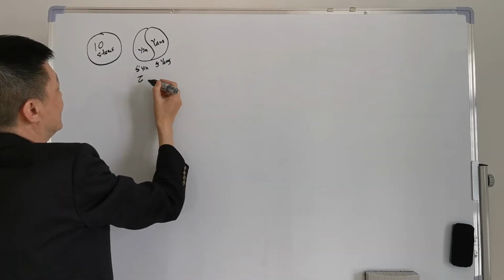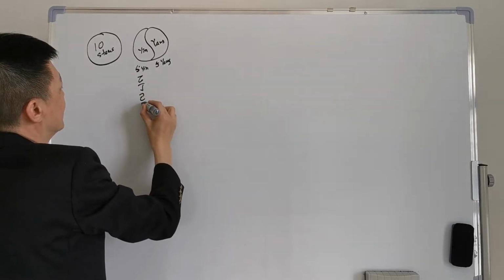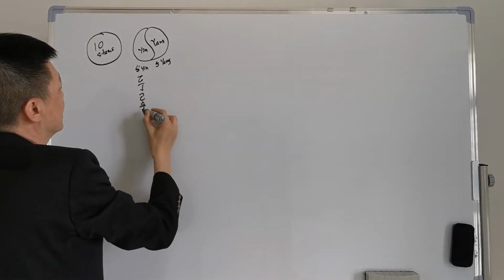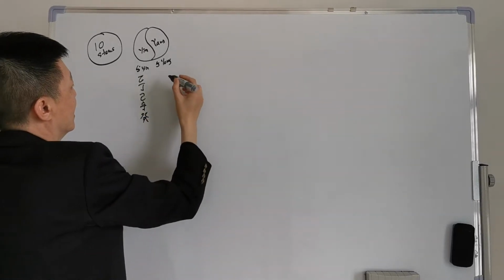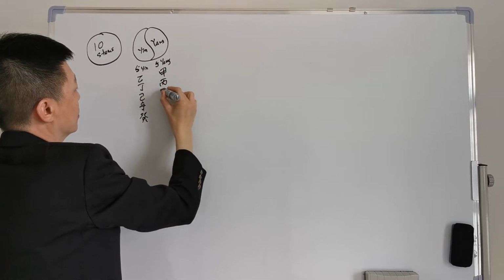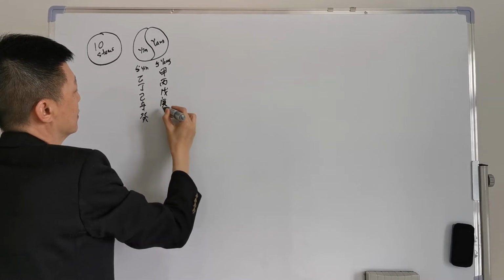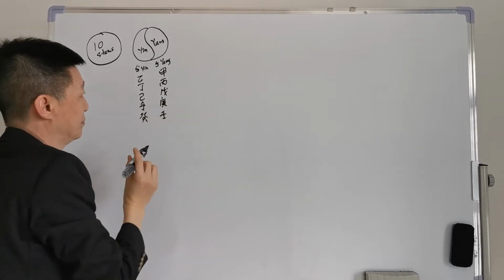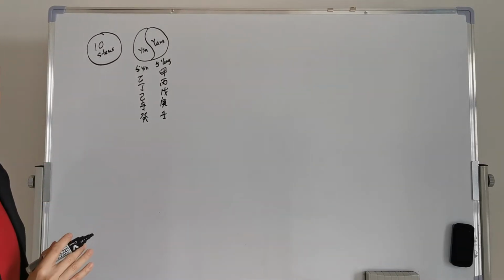It is yi, ding, ji, xin, gui. And the 5 yang is jia, bing, wu, geng, ren. So inside you have the 5 yin and 5 yang.